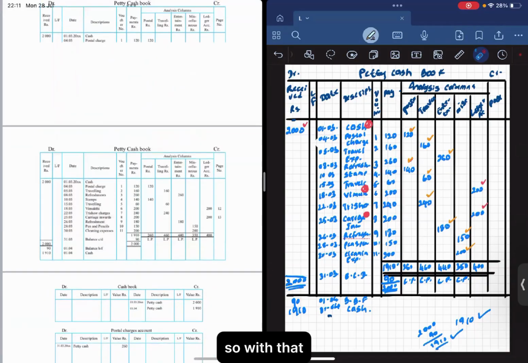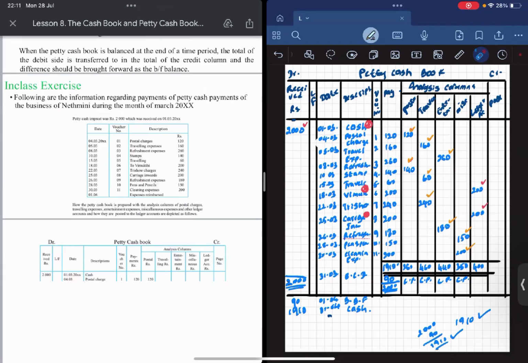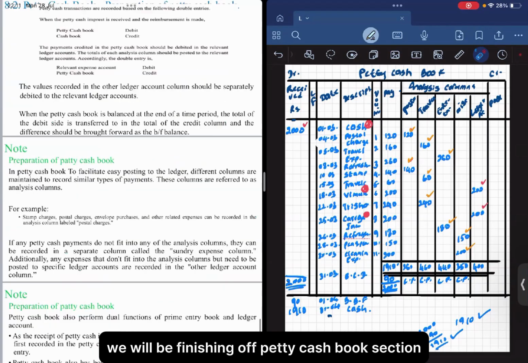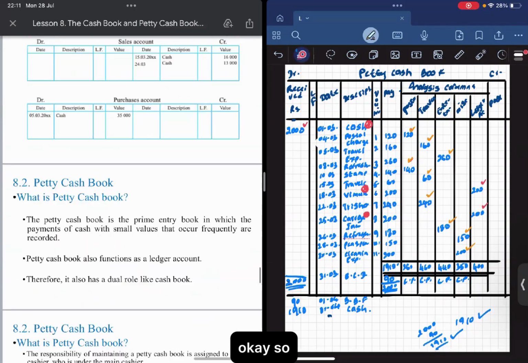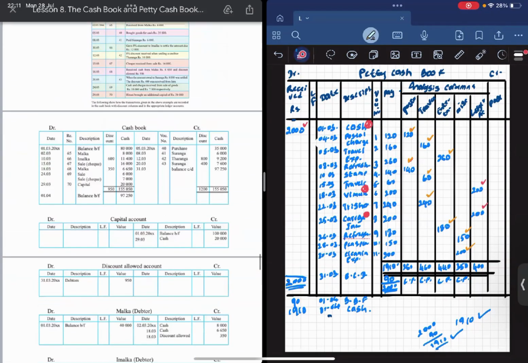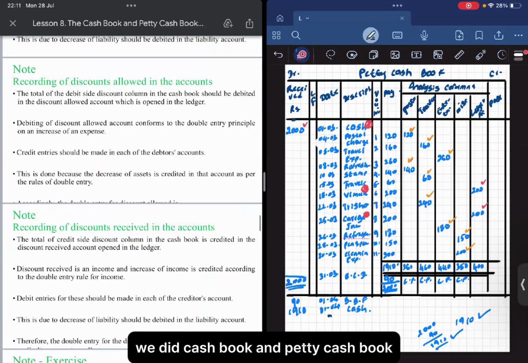So with that, we will be concluding the petty cash book exercise. Over the last couple of weeks, we did cash book and petty cash book.